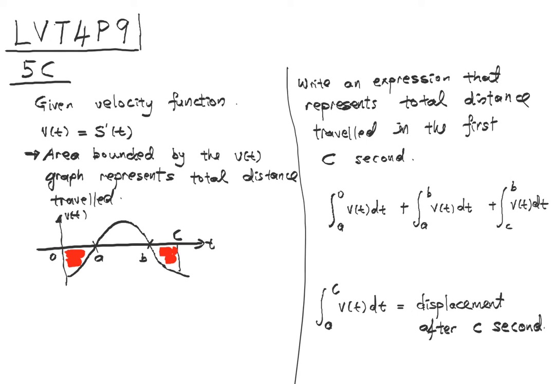So if you integrate from 0 to c and you get a positive value, that means the particle is at the right of the origin after c seconds. If you get negative, that means it will be at the left of the origin after c seconds. That's all. So you have to be very, very careful whether I'm asking for total distance traveled or displacement. Displacement is the position. If you integrate directly, it gives you the displacement. So get it right for both.